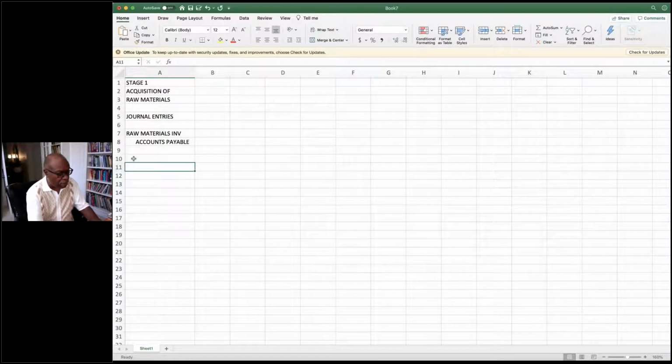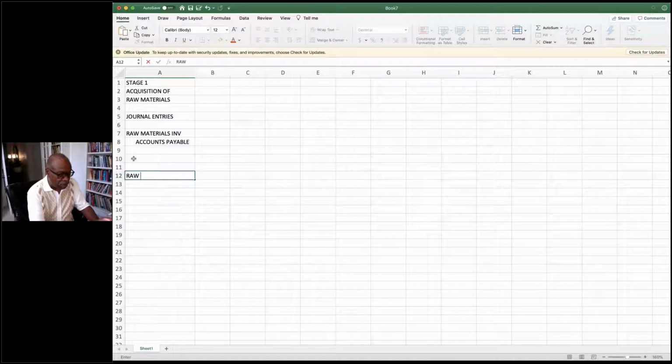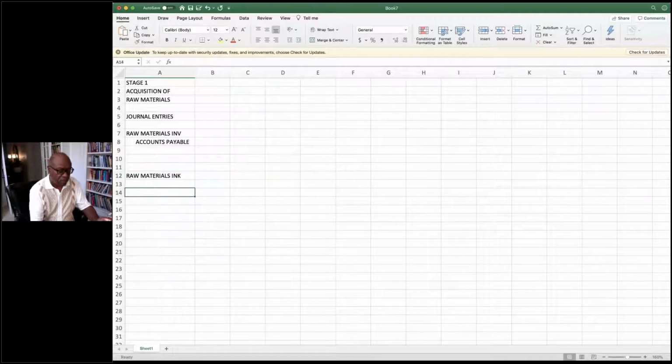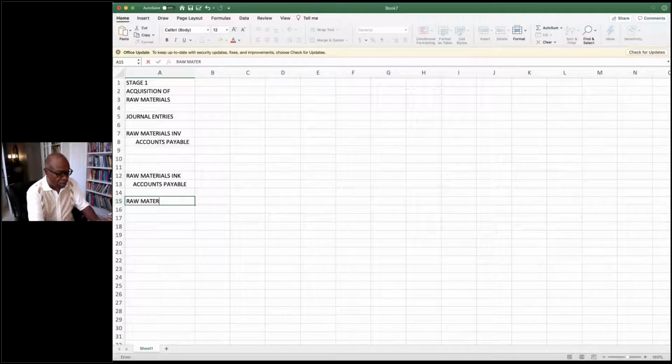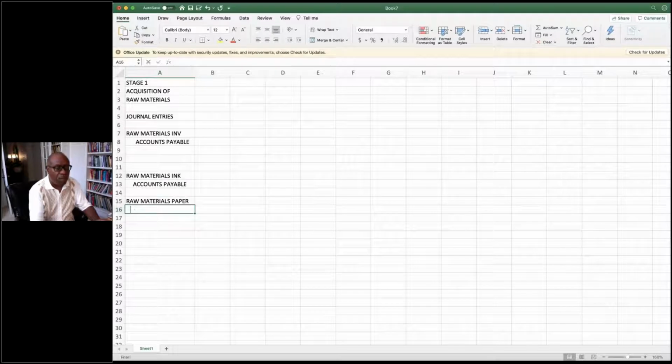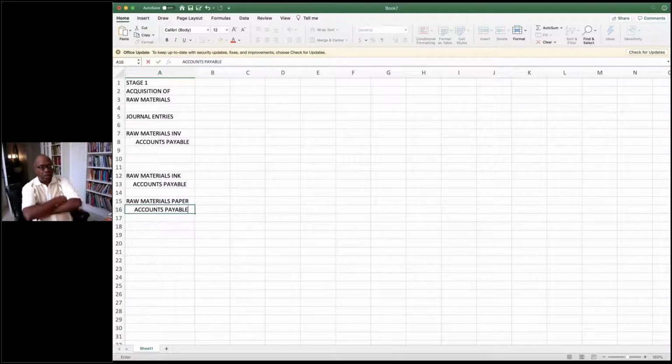So if we have the book or raw materials, ink, I'll just credit accounts payable. So those are the journal entries for stage one. That's the first stage. That's all you have to do, those journal entries.